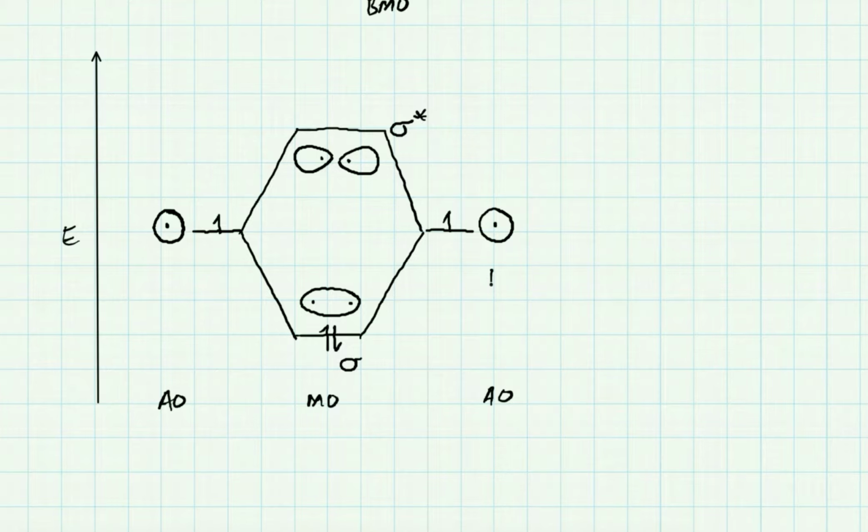And these combining atomic orbitals were 1s, so this sigma will be sigma 1s, and this sigma star 1s. So this is the situation in case of hydrogen. And when this electron density is between these two nuclei, this is called a chemical bond. And here, when there is no electron density, we say that there is no chemical bond.